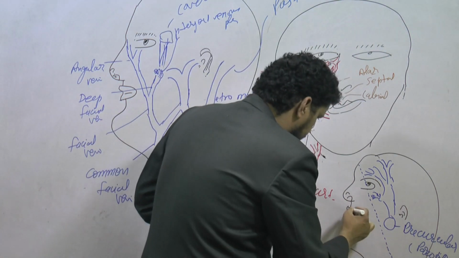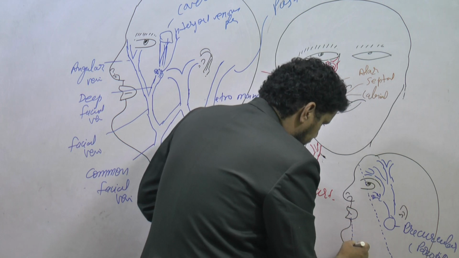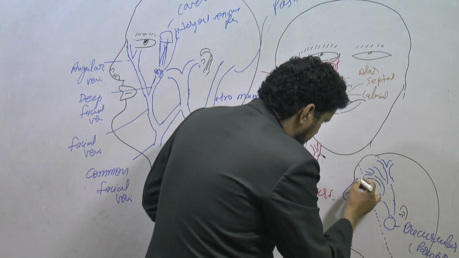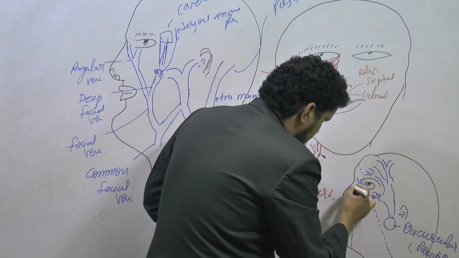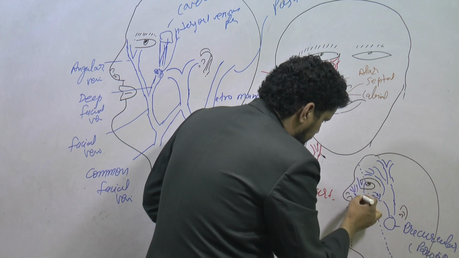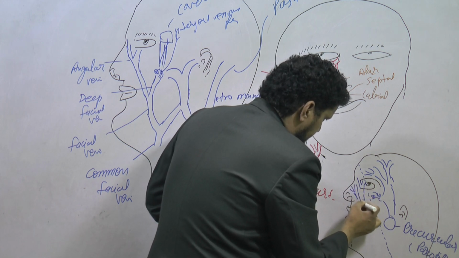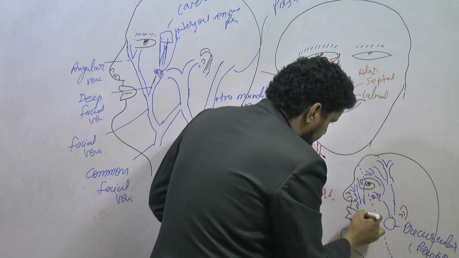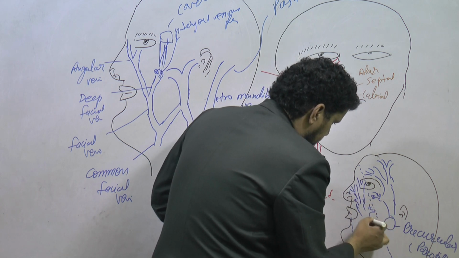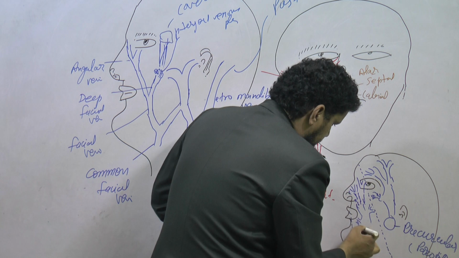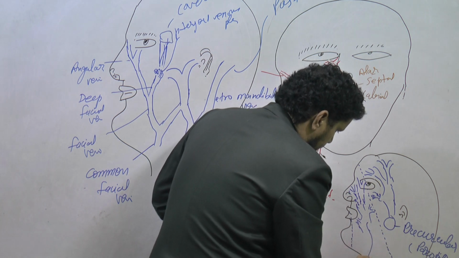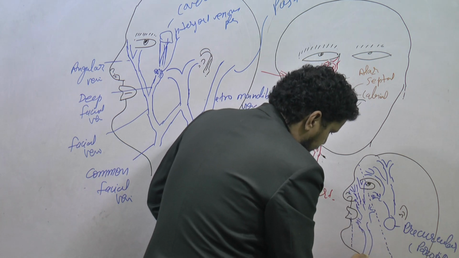This part is receiving lymph from the medial side of the eyelids and the nose, all draining in the submandibular lymph nodes.